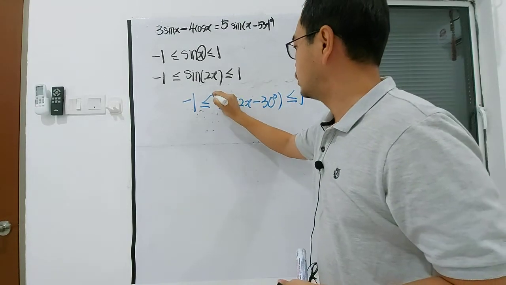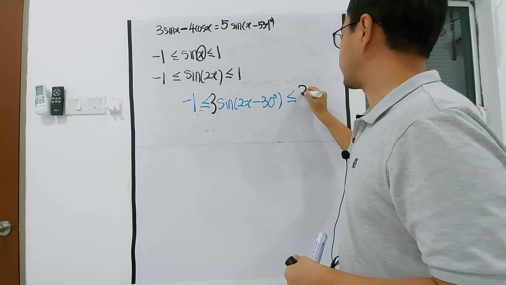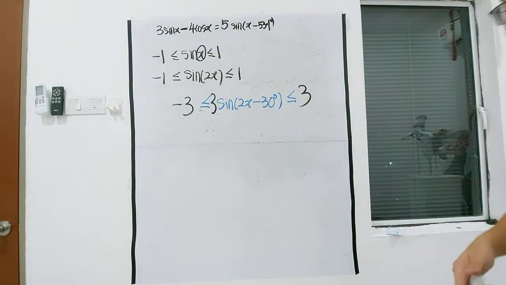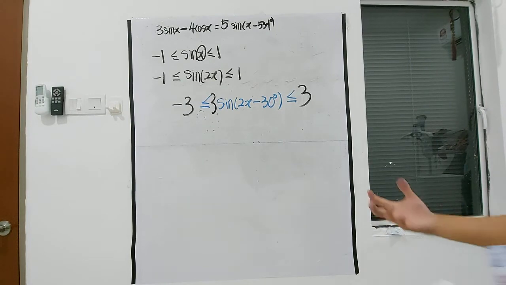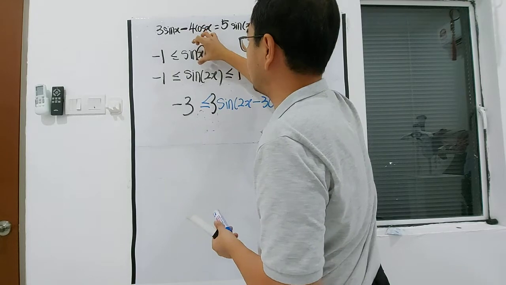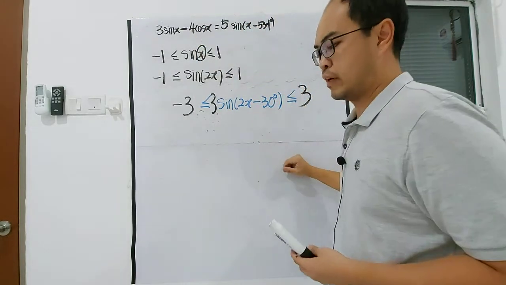Then the maximum will be 3 and the minimum -3. Do you understand what I mean? What will affect the maximum and minimum is the amplitude, the coefficient in front of the trigonometric function.